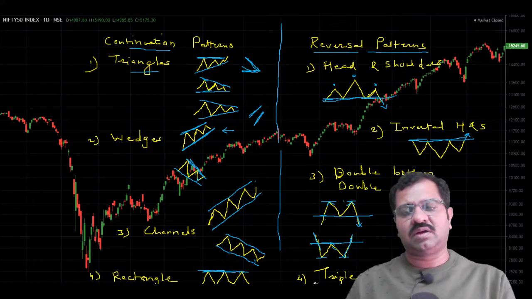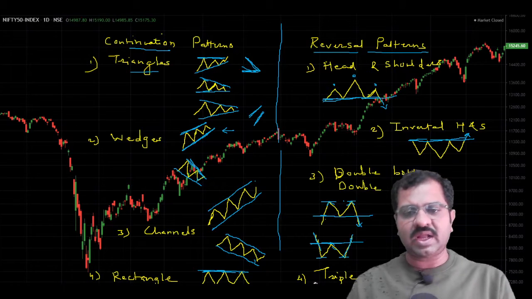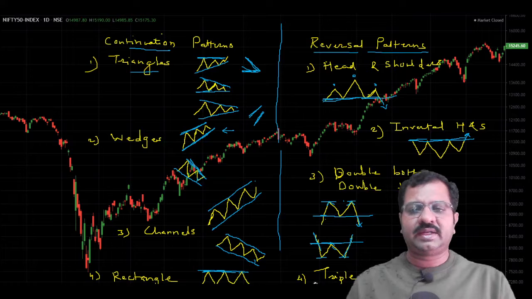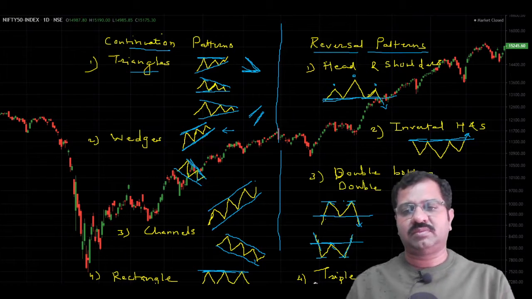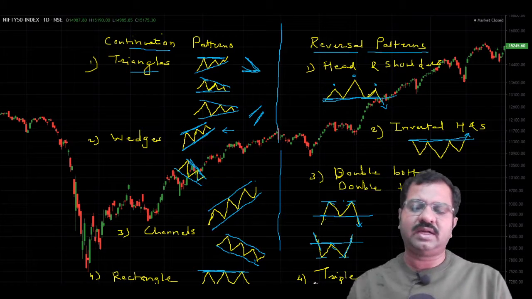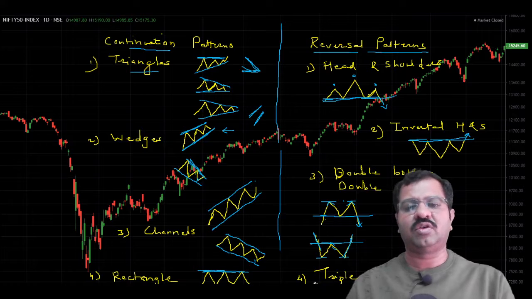Or if a similar pattern forms at the bottom or at the end of a downtrend, it is called triple bottom. So it is like W, but there is one more bottom, and then price reverses and goes up.